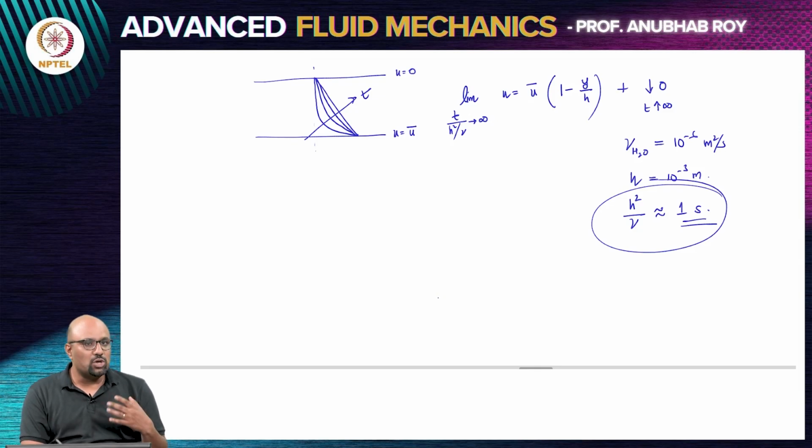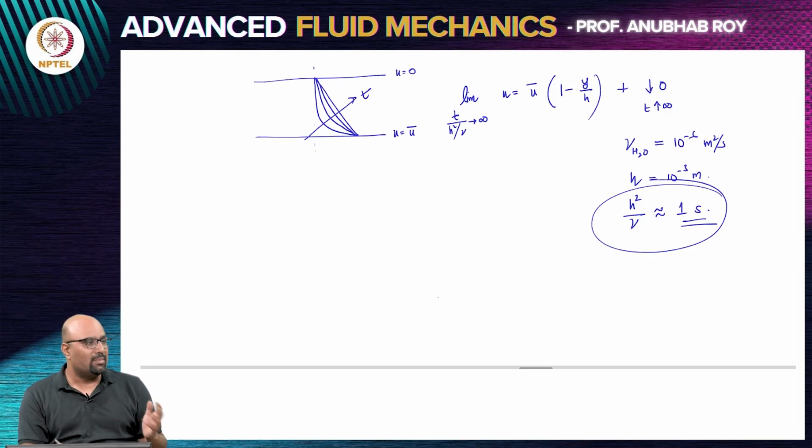So this gives you a perspective of what is infinite, because mathematically you can obviously put t equal to infinity and say that's the steady state. But physically, when you are doing this in a numerical simulation, you set this up and ask how long should I wait before I should see the Couette flow profile. That's a normal question which we will always ask.